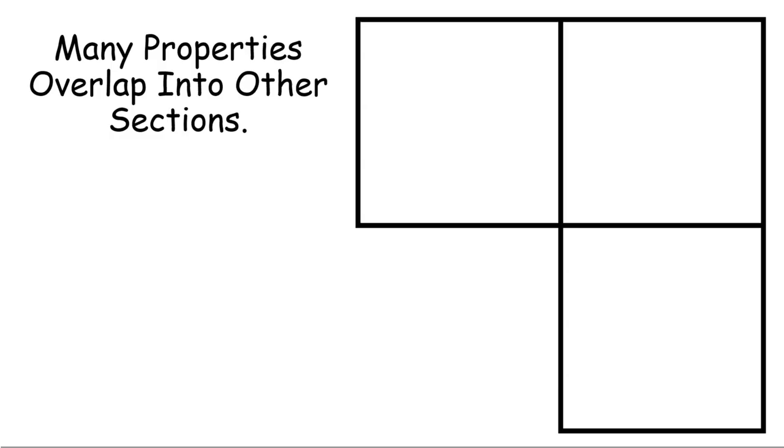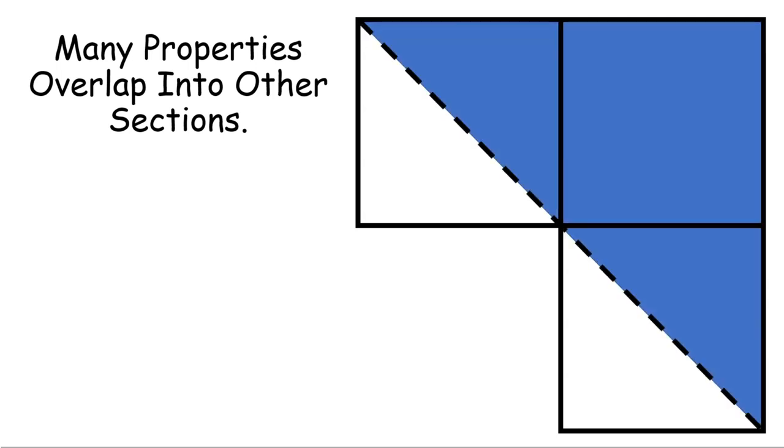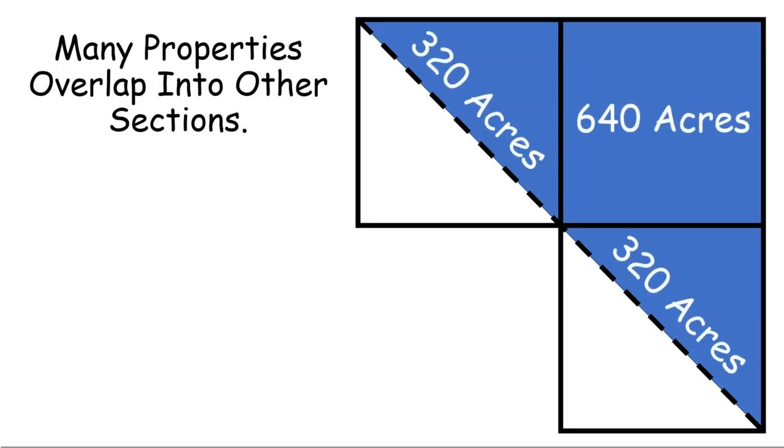Now, on the exams, they're going to try and trick you. They're going to try and ask you how to identify how many acres are in different parcels of land that somebody may own or may want to farm or may want to sell. So here's a good example. We identified these 3 different parcels, and you can see the one parcel on the top right-hand corner is a full section of 640 acres.